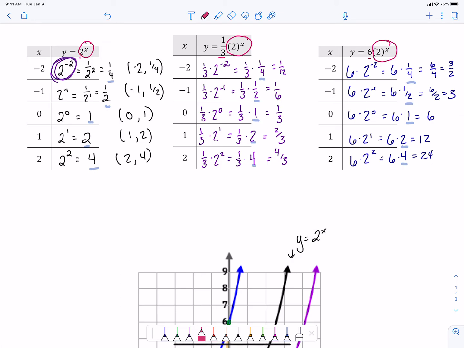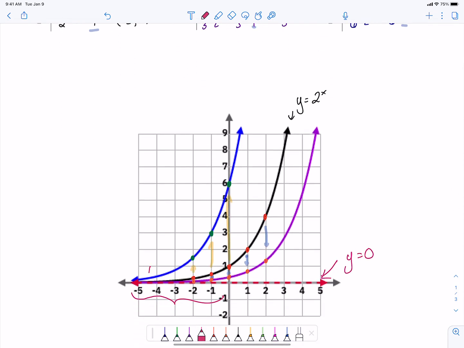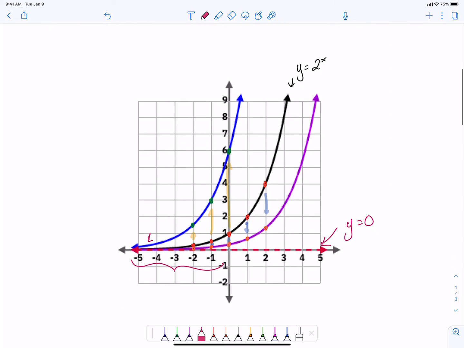We're going to get things like 1/2 and 1/4 and 1/16 and 1/64. And they're going to keep getting smaller and smaller, even if we're multiplying by a third, or even if we're multiplying by 6. It's going to take us a little longer with this blue graph to get towards our asymptote, but that asymptote is still going to be there. We're going to get closer and closer to our y values being 0, but we're not actually going to get there.